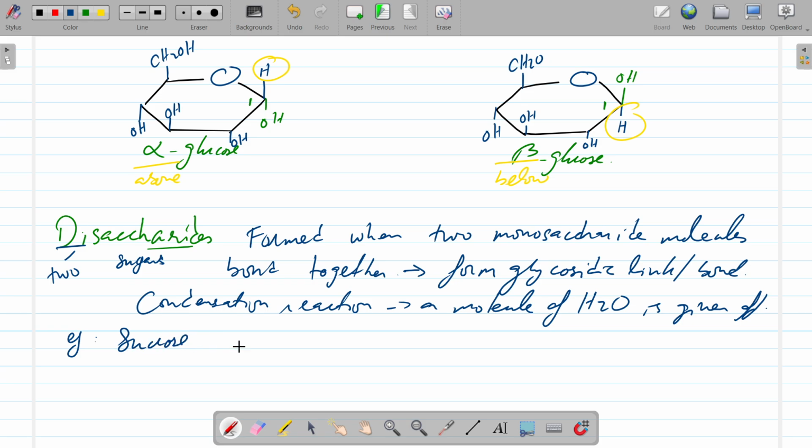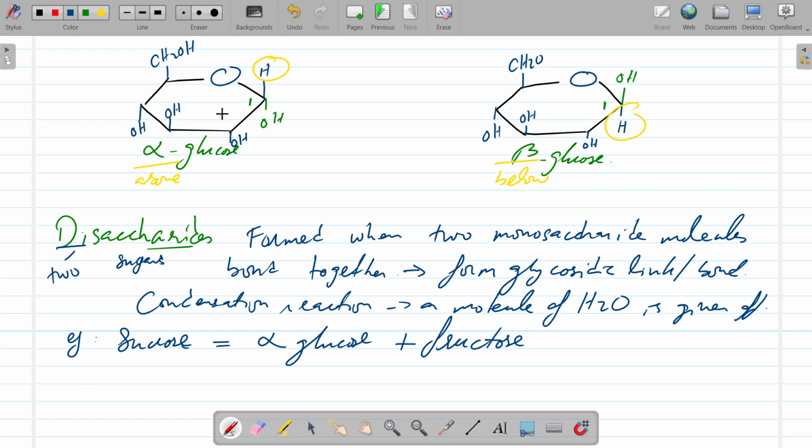Sucrose is a disaccharide, and it is formed when a molecule of alpha glucose, so this is where the isomers come in handy, bonds with a molecule of fructose, and that gives you sucrose.